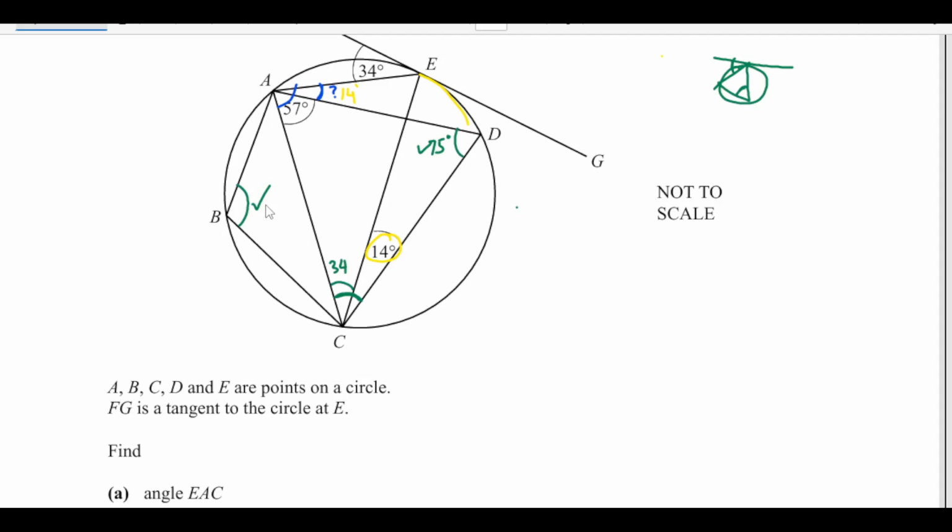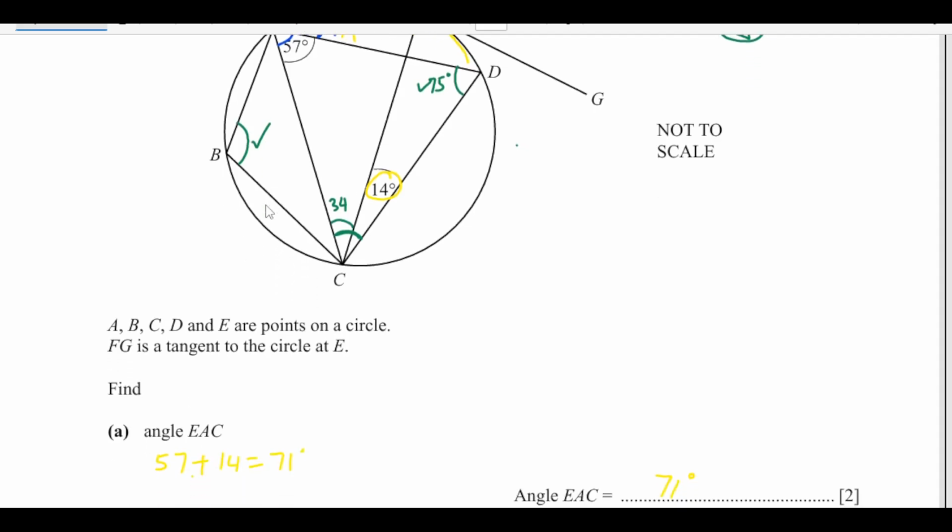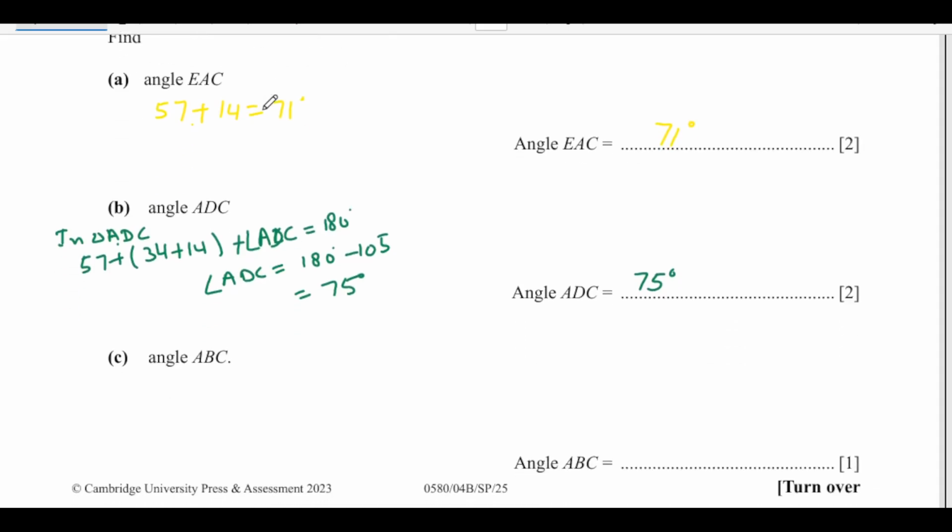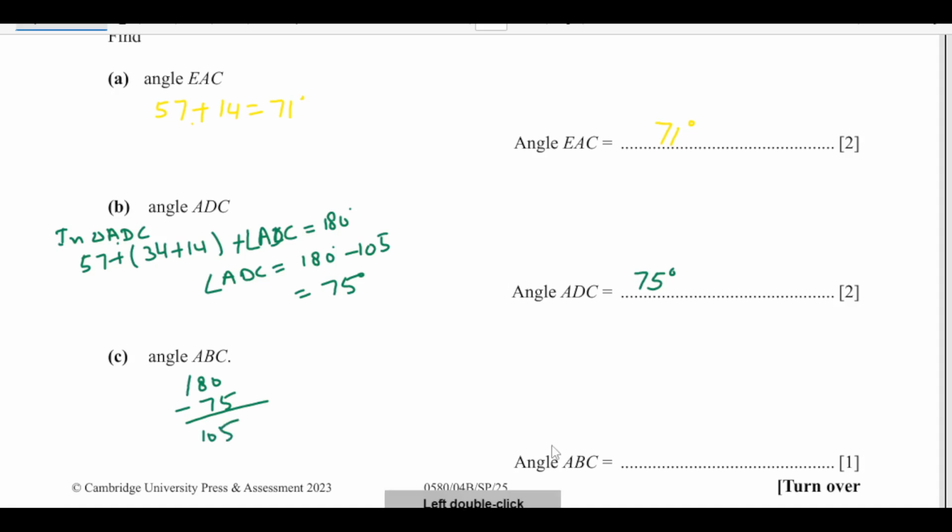So the sum of these angles is 180. So 180 minus 75, which is 105. So angle ABC is 105.